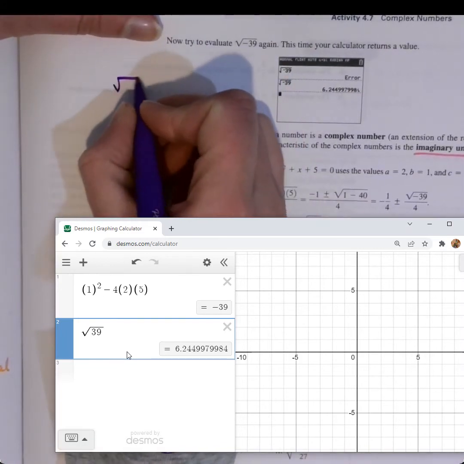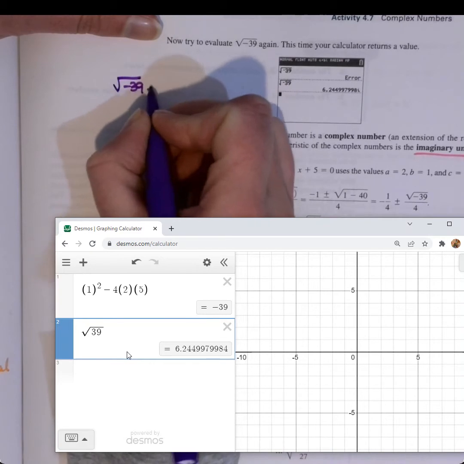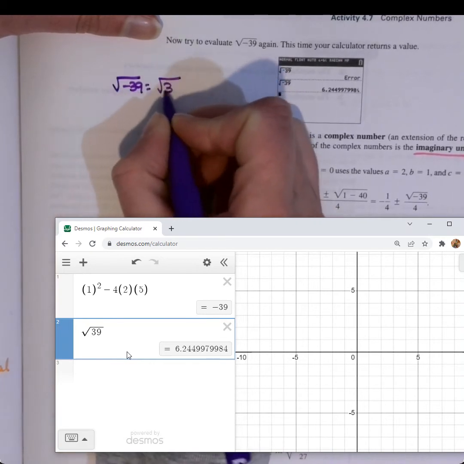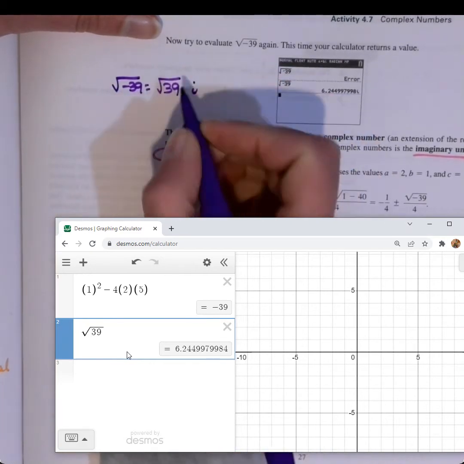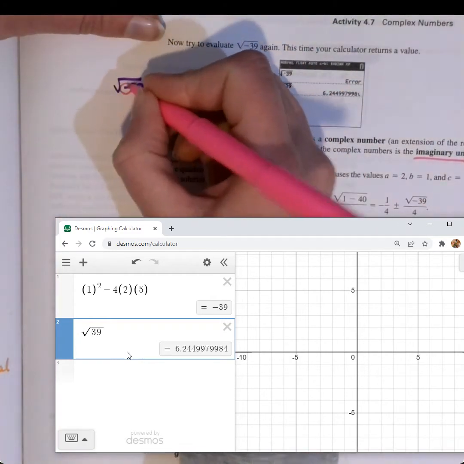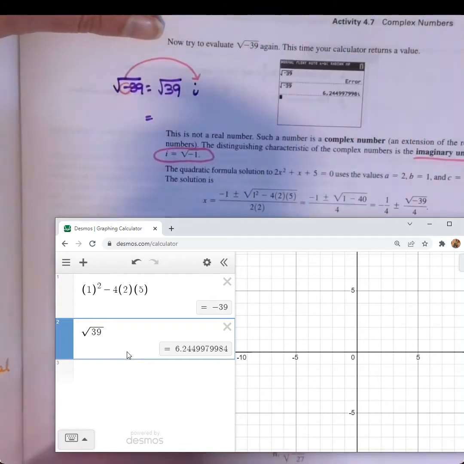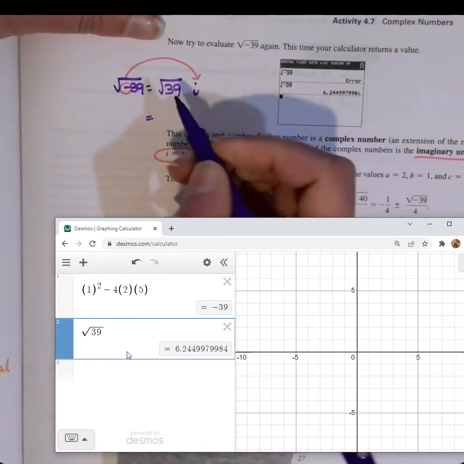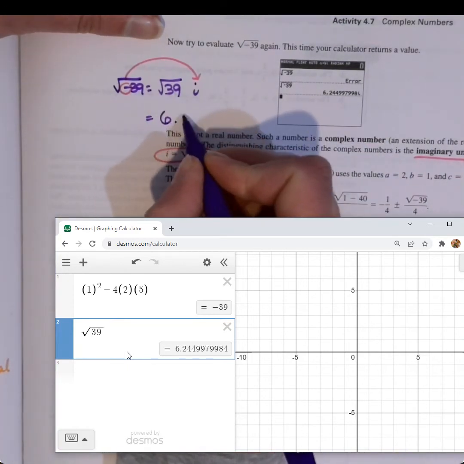So the square root of negative 39 is the same thing as the square root of 39 times i, knowing that the square root of negative 1 is i. And then if I did want the decimal, I could get it. Often I don't care about the decimal.